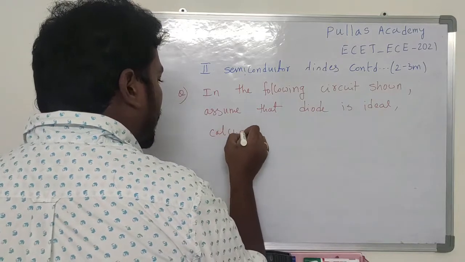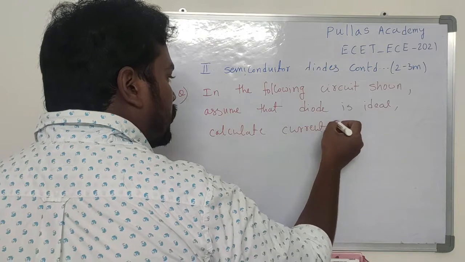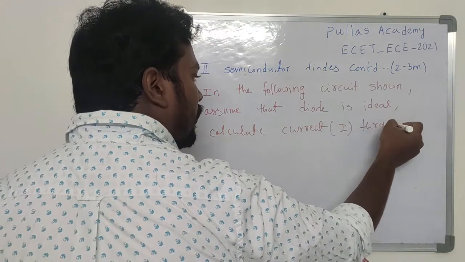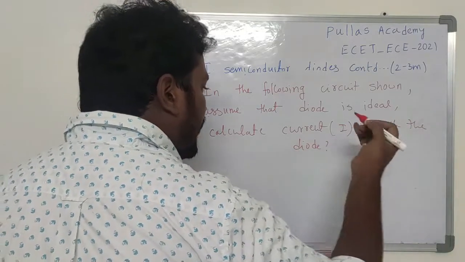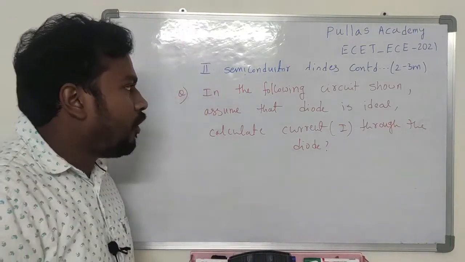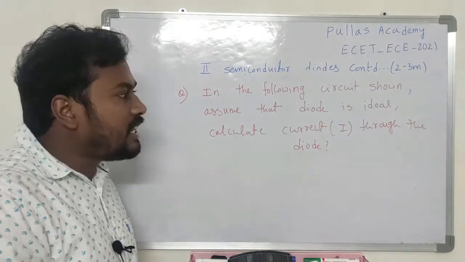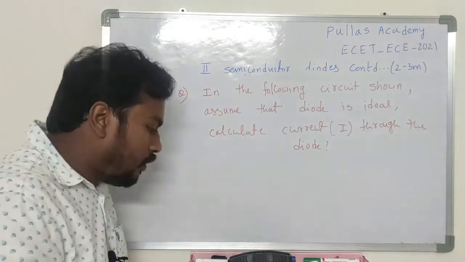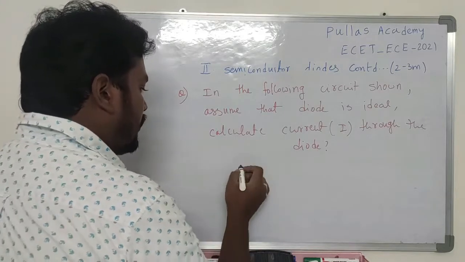Calculate the current I through the diode. So this is the question given to you. In the following circuit shown, assume that the diode is ideal. Calculate the current I through the diode, and the given circuit is this one.